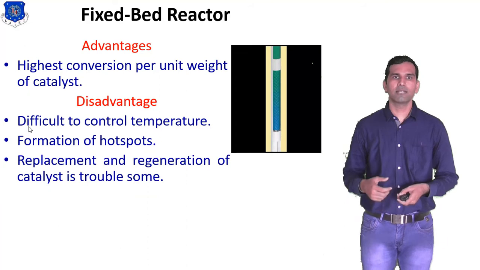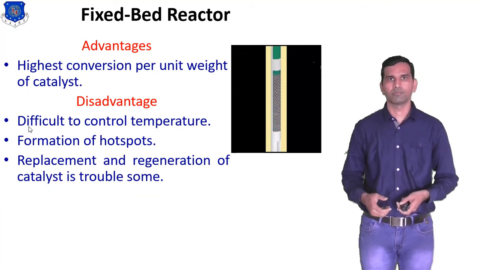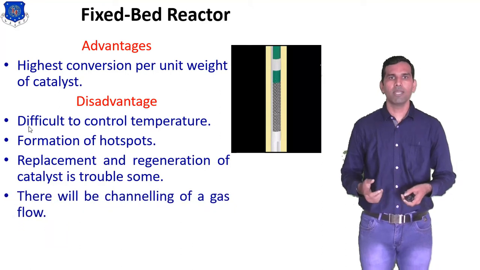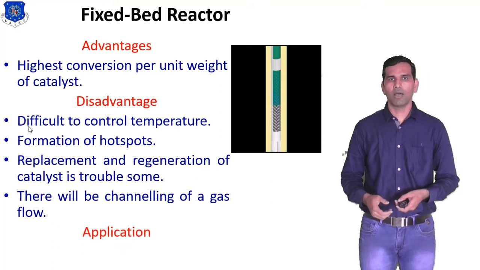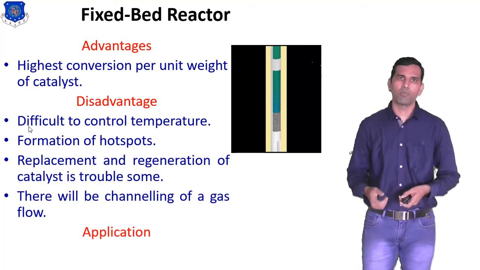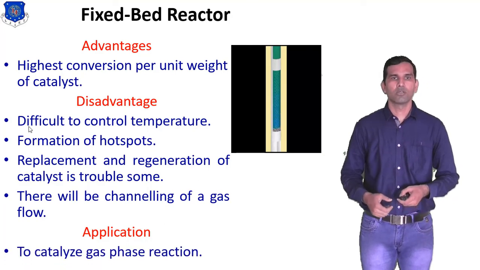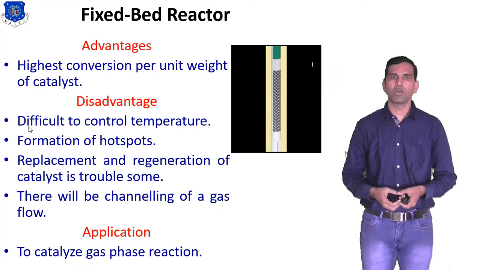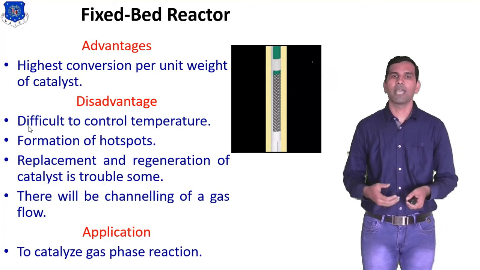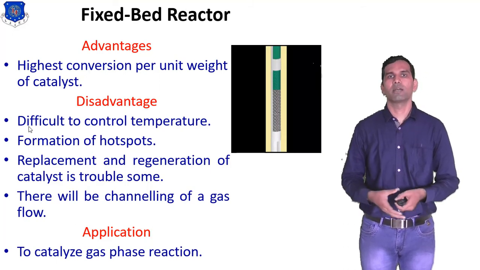Replacement and regeneration of catalyst is troublesome. There will also be channeling of gas flow. Now we discuss the application of this reactor. The first application is to catalyze gas reactions. So it is used to catalyze gas-phase reactions. This is the application of the fixed bed reactor.